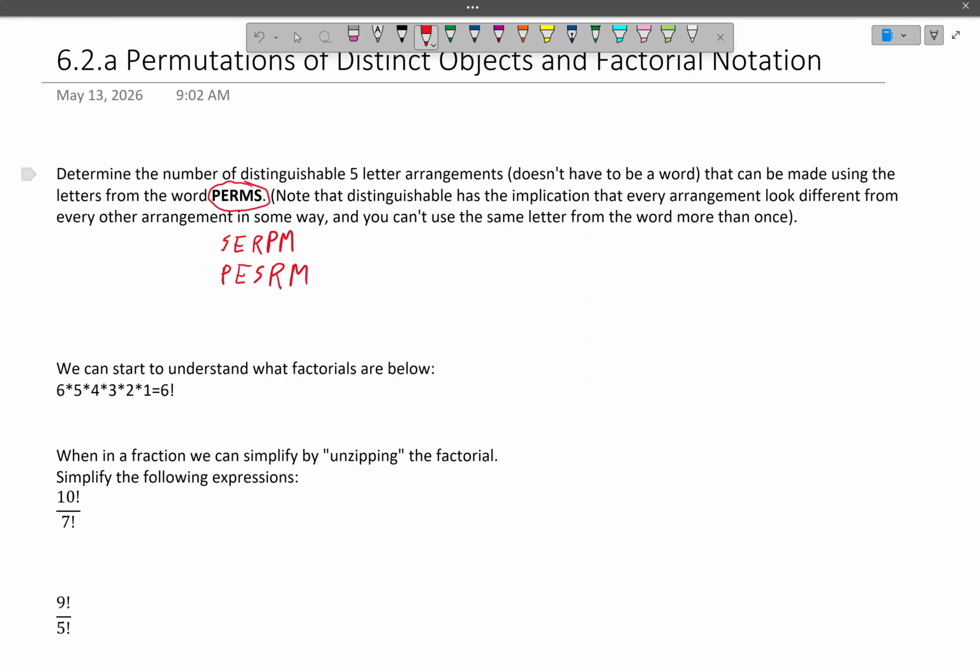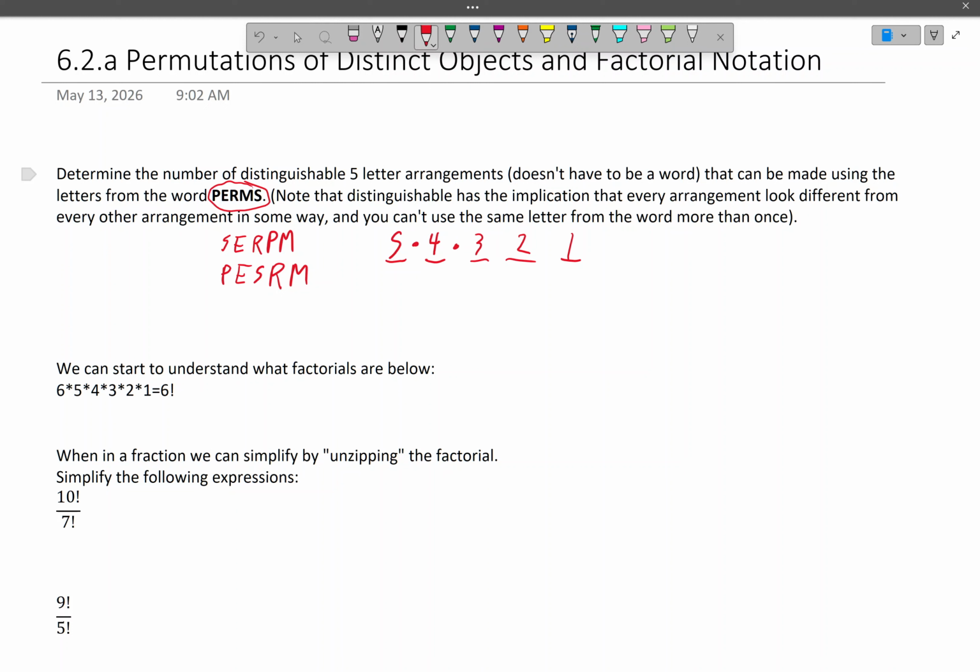Considering our fundamental counting principle from the last video, how many options do we have for the first letter? We have 5 options, but once we choose one of those letters, we can't reuse it in the word. So now we have 4 options, and then 3, and then 2, and then 1.